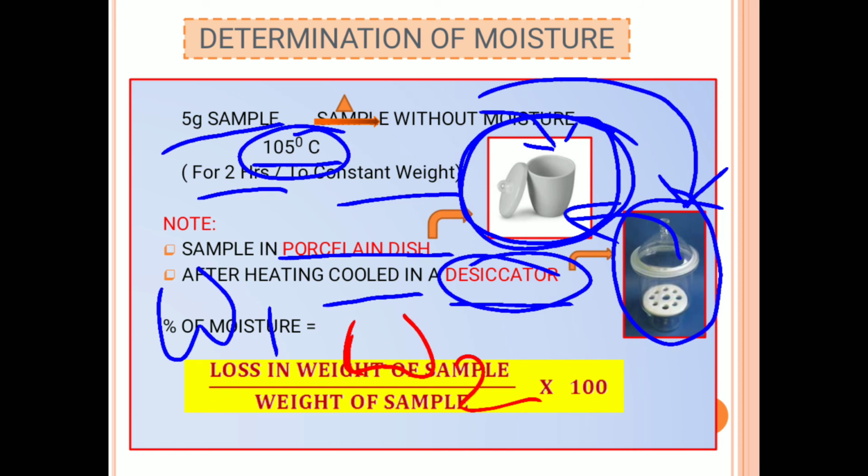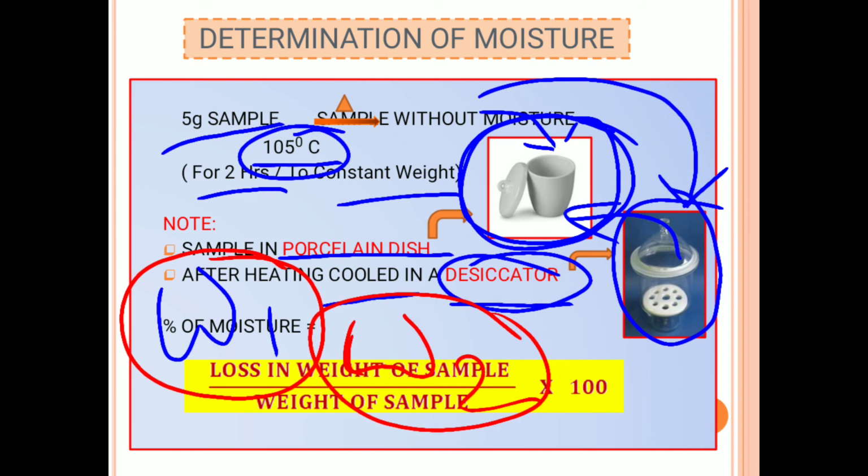As the moisture evaporated out, the W1 is greater than W2. What is W1? It is the weight of the crucible with the sample. And what is W2? It is the weight of the sample along with crucible after the experiment, means after evaporation of the moisture content, so that W1 is greater than W2.